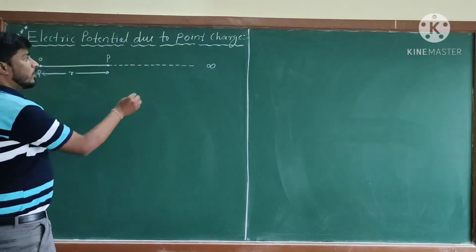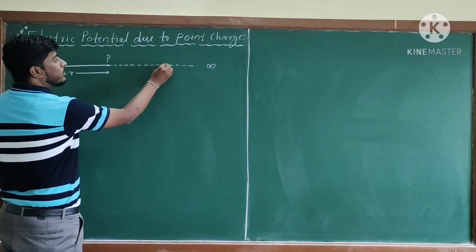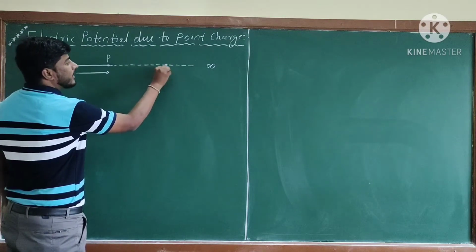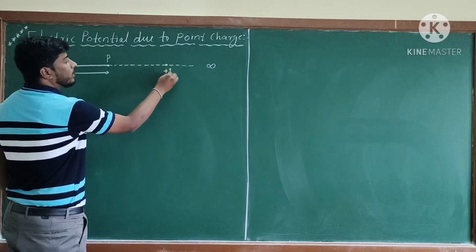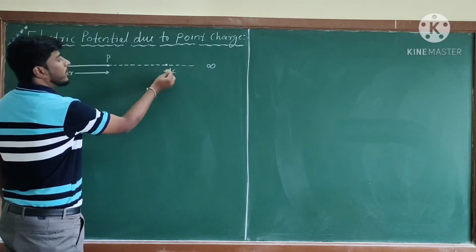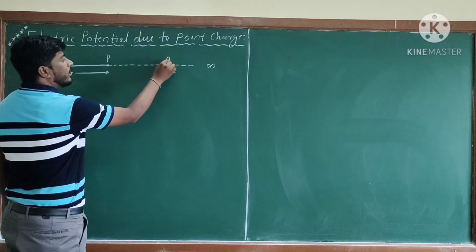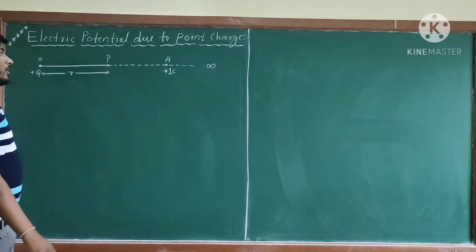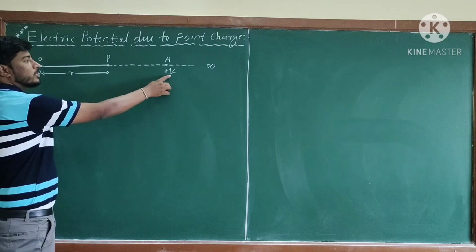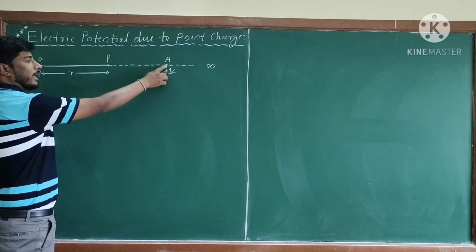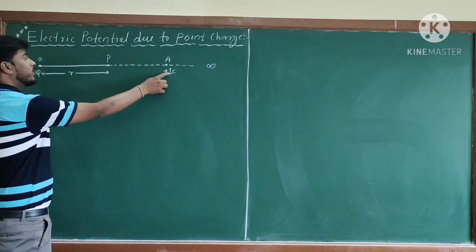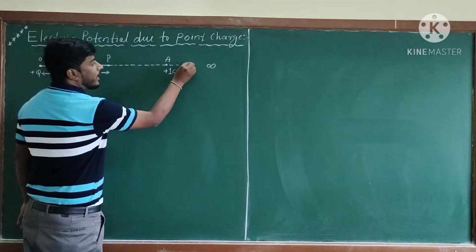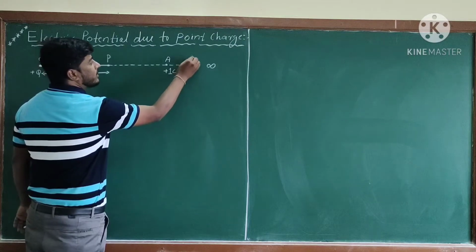So we will consider a unit positive charge, say plus 1 Coulomb, at point A. If I consider a unit positive charge at point A, the force between the plus 1 Coulomb and this charge is away from the charge.